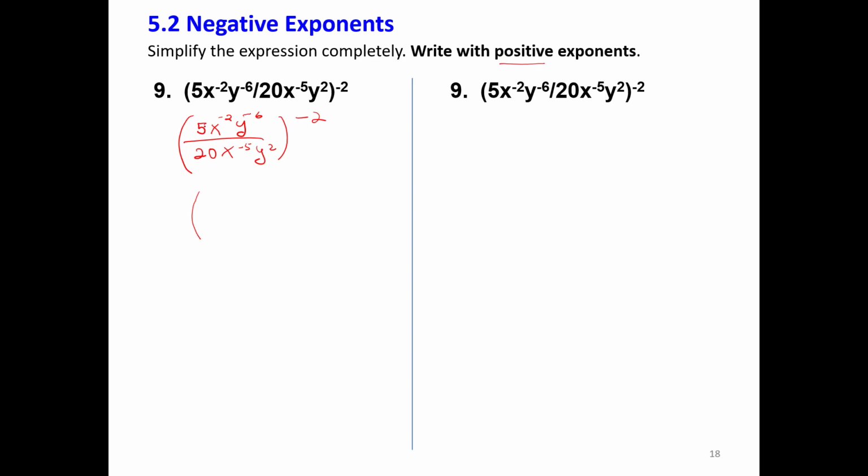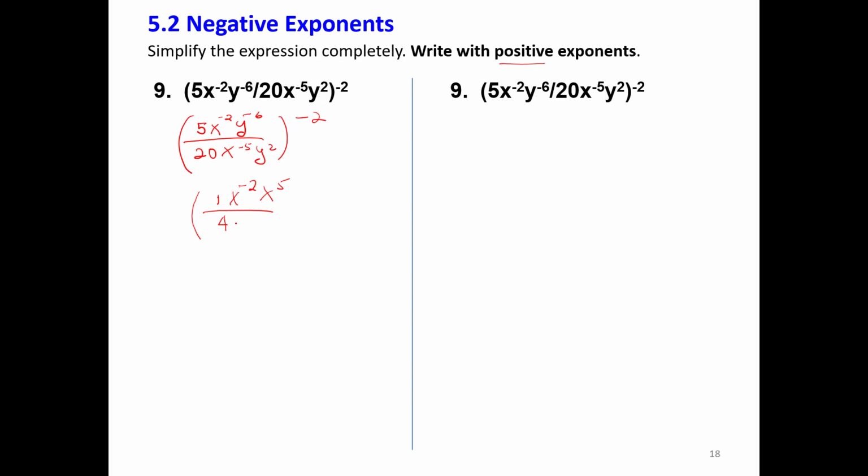If we divide by 5, 5 divided by 5 is 1 on top, and 20 divided by 5 is 4. Now x to the minus 2. But we want just positive exponents, then we can move this one to the top and get this one with positive.